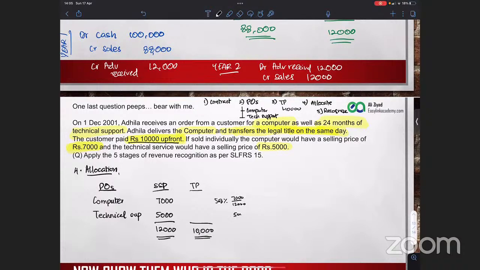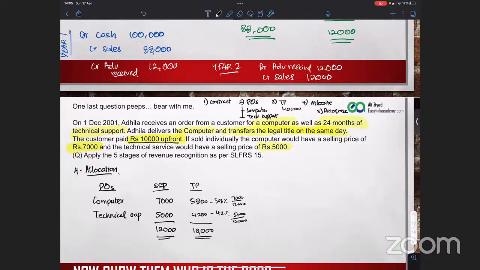And 5,000 divided by 12,000 will give us 42%. So that will be 58% into 10,000, which is 5,800, and 42% into 10,000 will give us 4,200. So the transaction price is allocated as well.